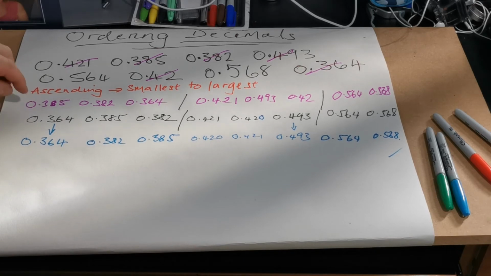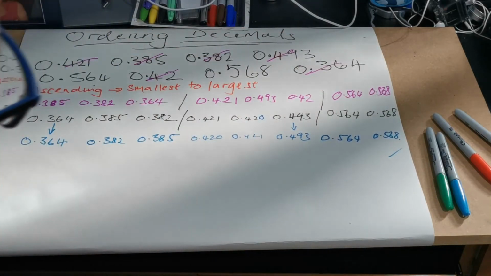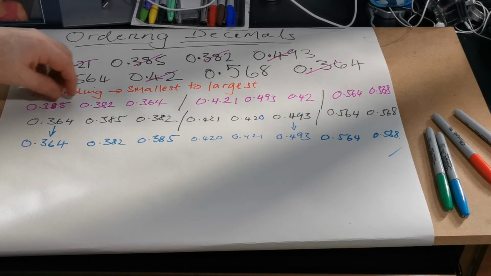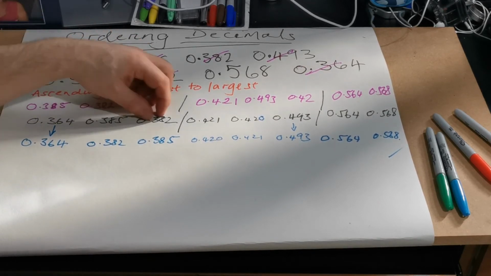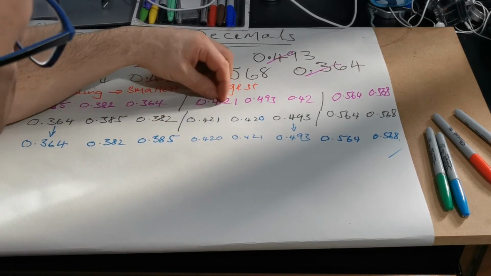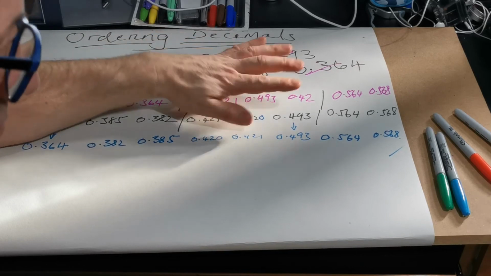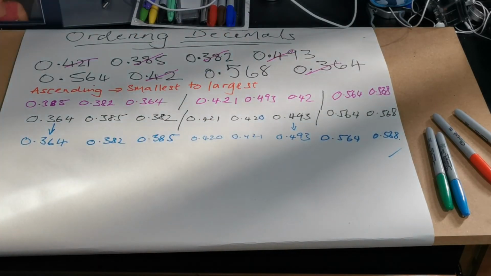So my first step was get the 0.3s, the 0.4s and the 0.5s separate from each other. And then within my 0.3s, I looked at the next digit and realised that the 0.36 came before the 0.38s, and that's what I did on this level. And here the 0.42s came before the 0.49s, and here both were 0.56, so I just kept those written down.